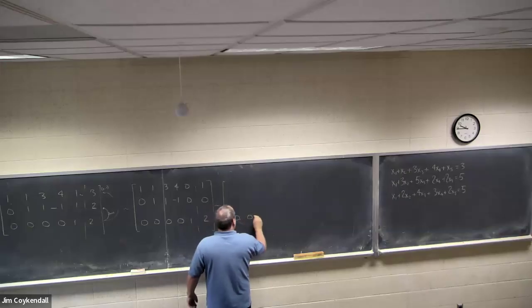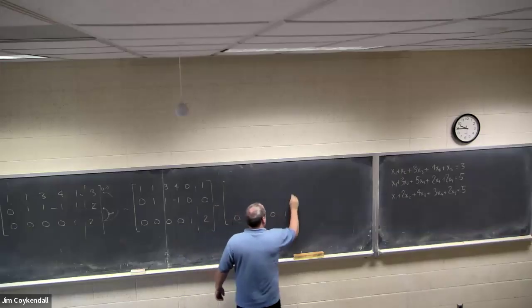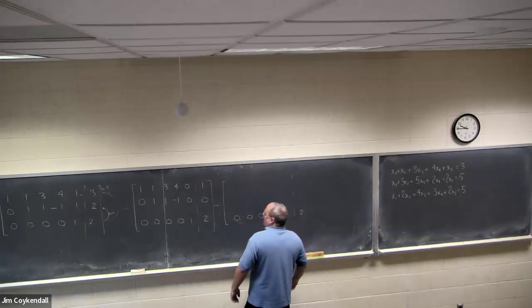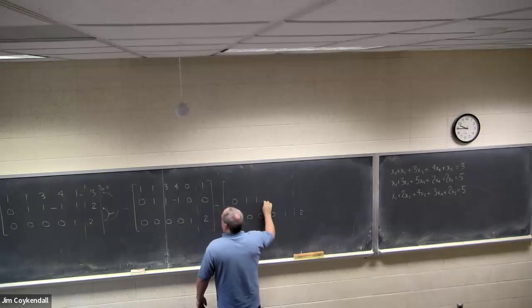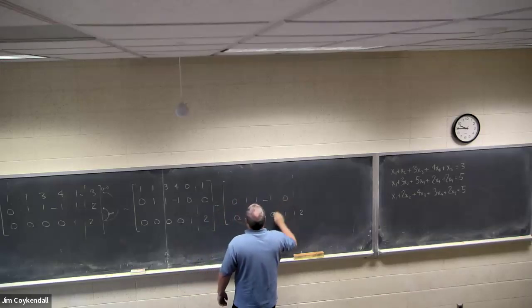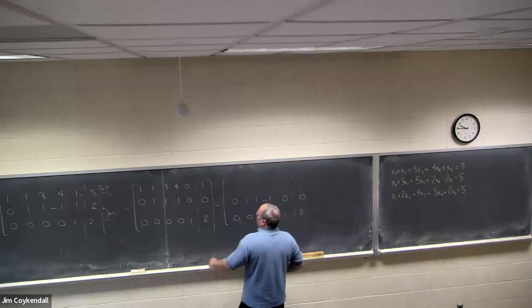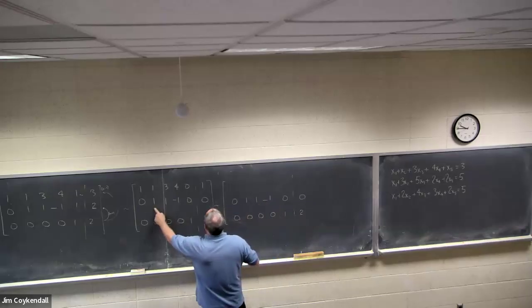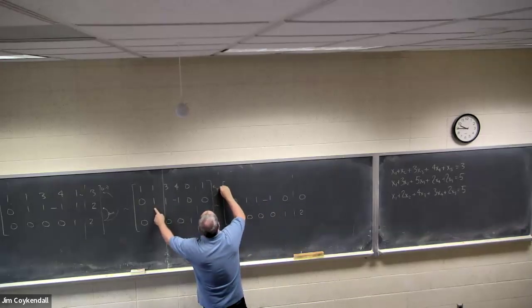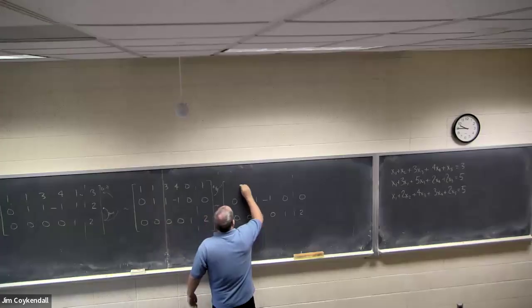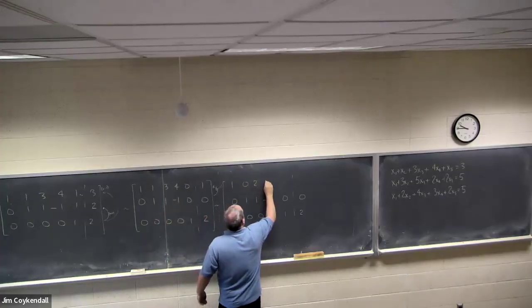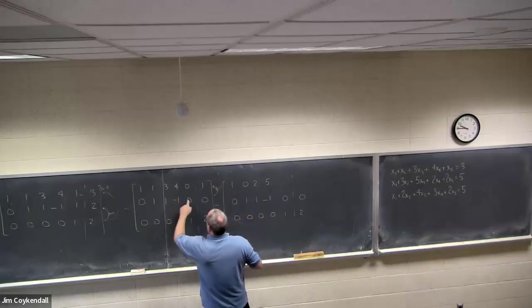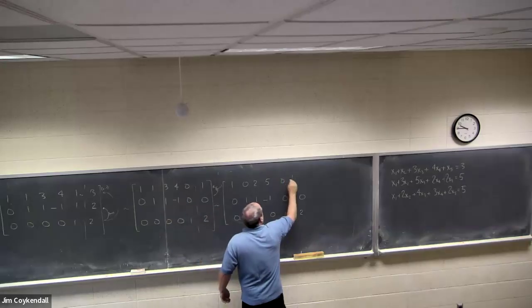This is 0, 0, 0, 0, 1, 2. This is 0, 1, 1, minus 1, 0, 0. And when I multiply this by minus 1 and add, I'm going to get 1, 0, 2, 5, 0, 1.